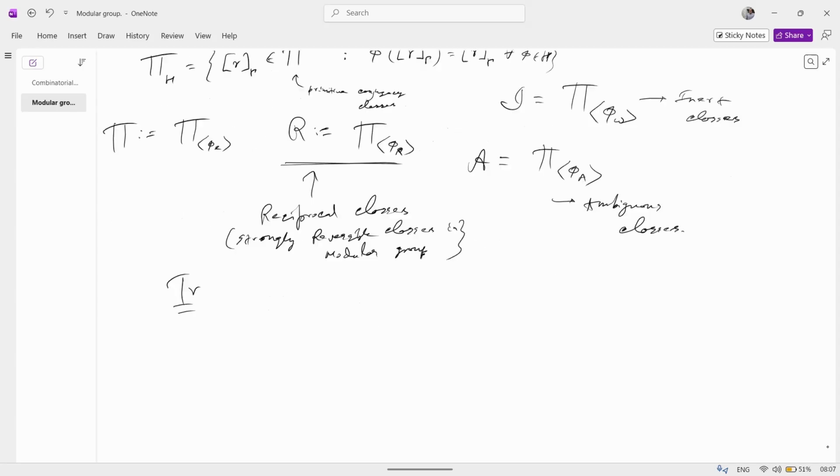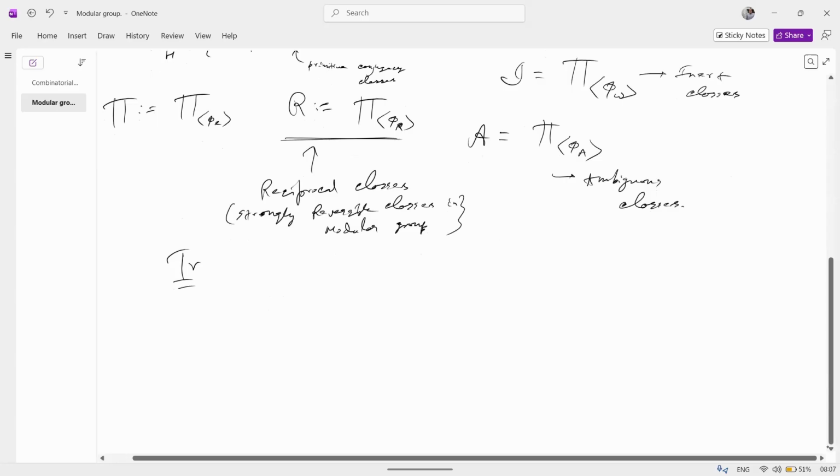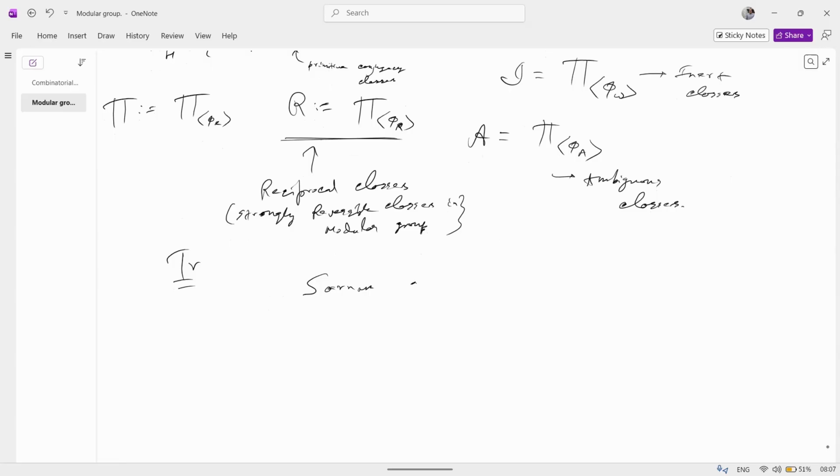So Sarnak counted the following quantity. Actually, let me write down the quantity at least.